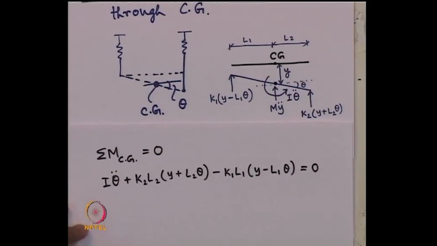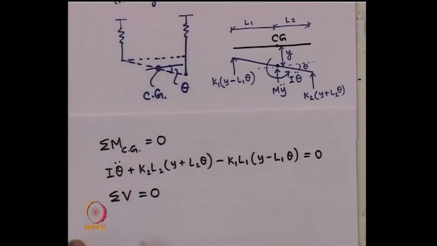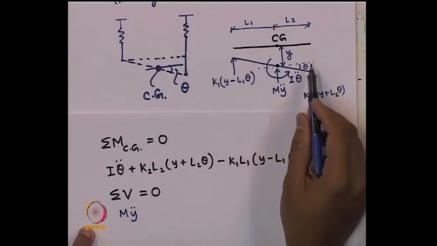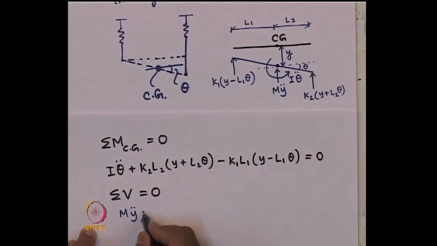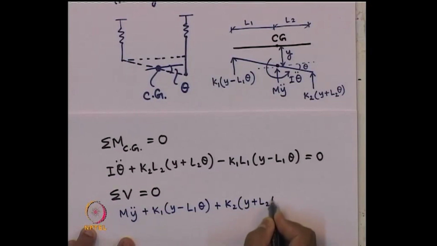And another equation we can use is sum of vertical forces equals 0 for the system, which will give us m y double dot vertically upward. This is also vertically upward, vertically upward. So, plus K1 times y minus L1 theta plus K2 times y plus L2 theta equals 0.